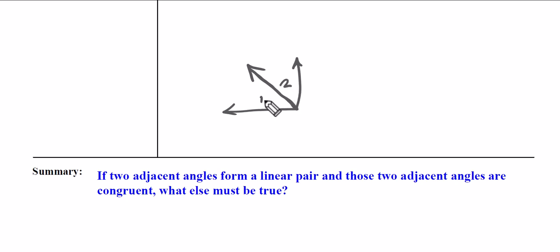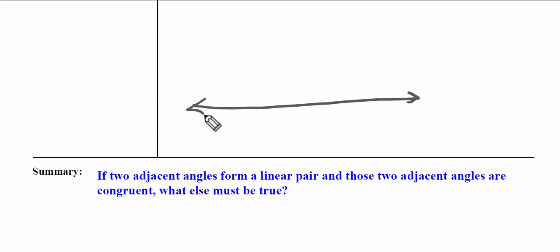So for example, in this case, angles 1 and 2 are adjacent. A linear pair is a pair of angles that forms a line. We say that angle 1 and 2 are adjacent angles and they form a line, and therefore they form a linear pair. So we would say angle 1 and angle 2 form a linear pair.